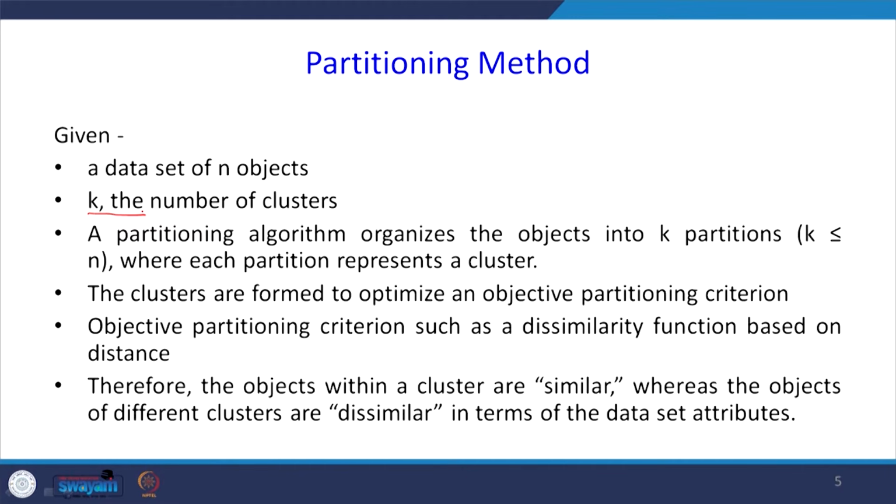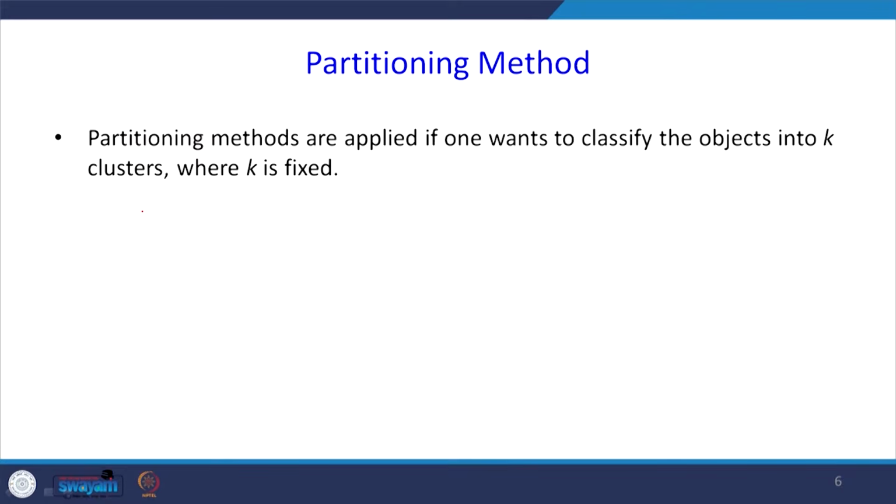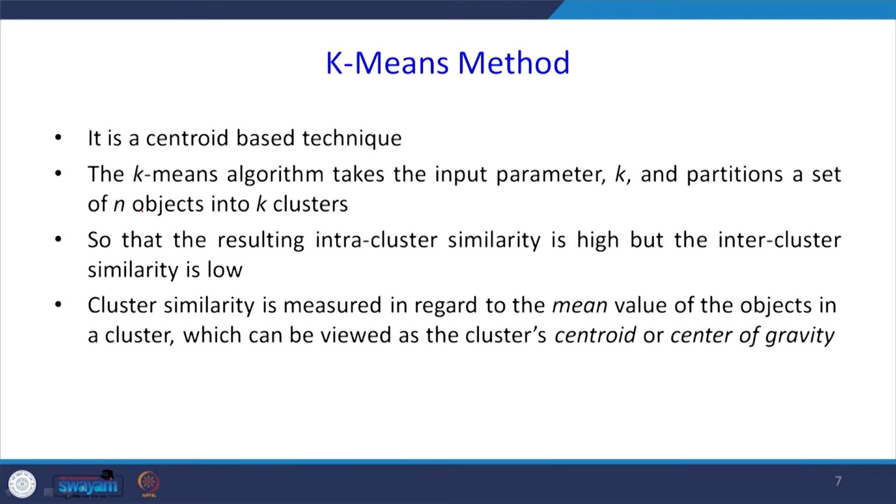Within the cluster the dissimilarity should be very low, and between clusters the dissimilarity should be high. Therefore, the objects within a cluster are similar, whereas the objects of different clusters are dissimilar in terms of data set attributes. So, partitioning methods are applied if one wants to classify the objects into k clusters, where k is fixed. It is a centroid-based technique, because the centroid is nothing but your mean, a kind of center of gravity.